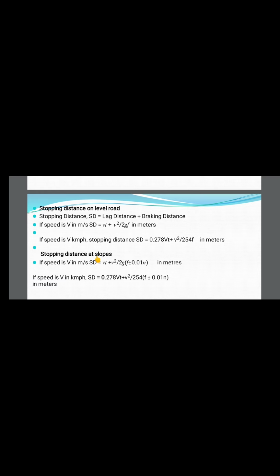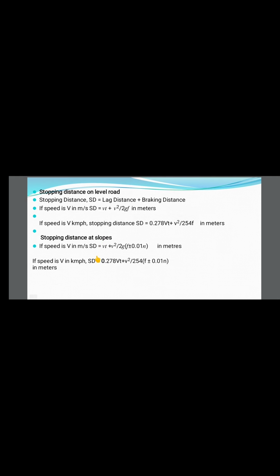When V is in terms of kilometer per hour, kmph, then stopping sight distance equals 0.278 V into T plus V square by 254 F. So you substitute the value of G as 9.81 and convert the velocity V in terms of kilometer per hour, you will get this value 254. It is V square by 254 F. Okay, this is on the level ground.